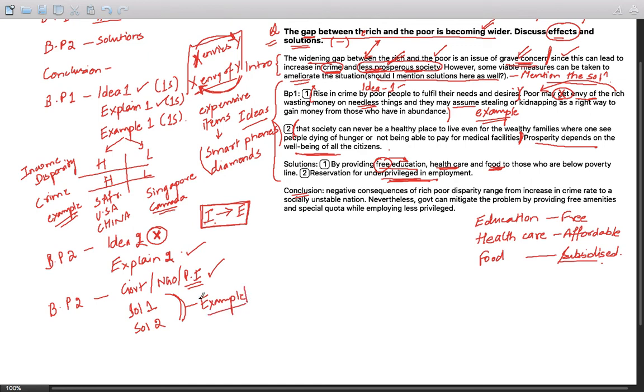Okay, example from her country. The example varies from one country to another, but in general, a lot of countries are providing reservation for underprivileged people on the basis of economic background, and she can give example of India. Okay, but in every country there must be some similar policy or a government program for healthcare.